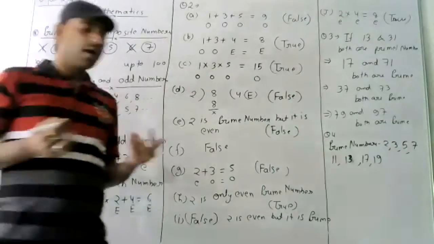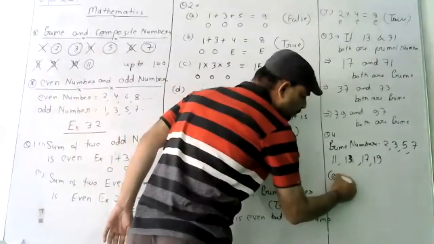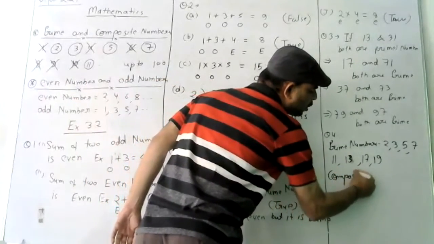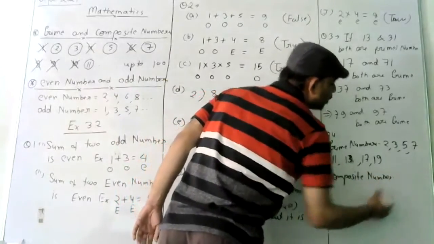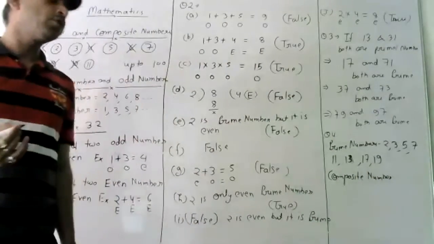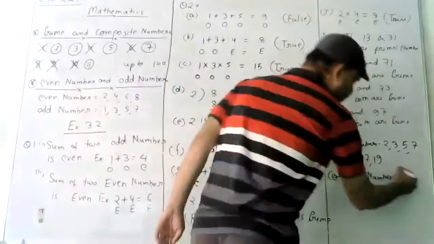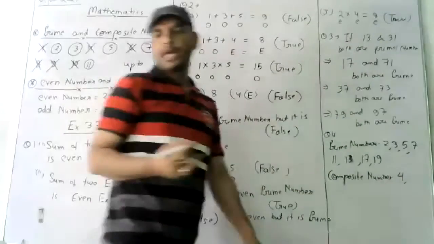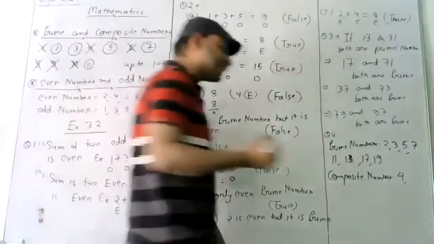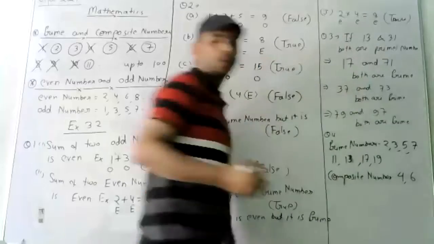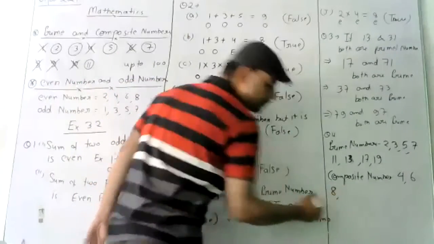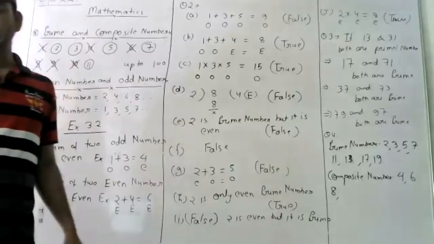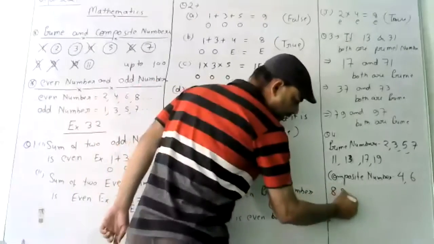And again, composite numbers less than 20. The first composite number is 4. Next is 6, also a composite number. 8 is also a composite number, and 9 is also a composite number.